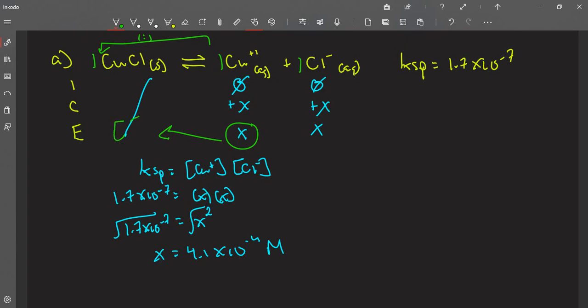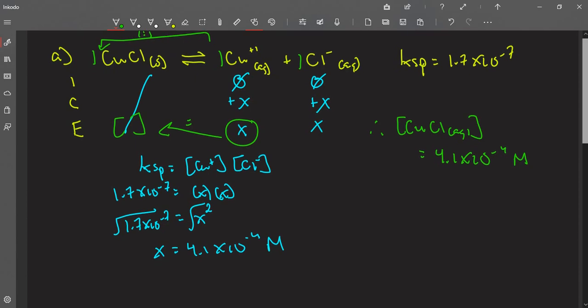So we can therefore say the concentration of CuCl is 4.1 times 10 to the negative 4. Even in just water itself, it's not too soluble.